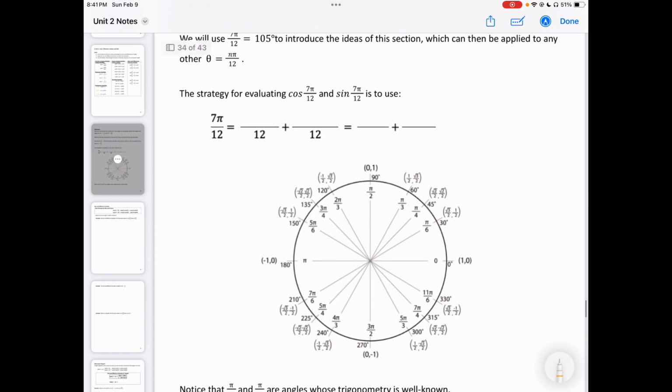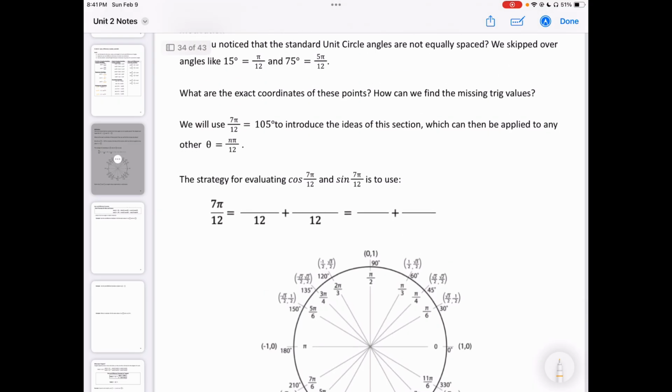If you look at the unit circle, you'll notice that we skipped over anything that is a factor of 15. And so that could also be considered pi over 12. Same with 75, which is also something over 12. It's 5 pi over 12. We don't have those values memorized, right, from our unit circle. So we can use a different rule to solve for that.